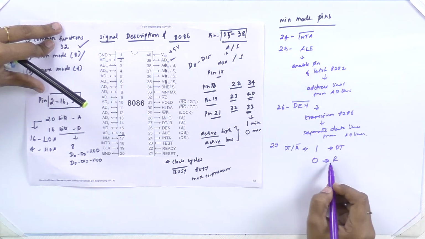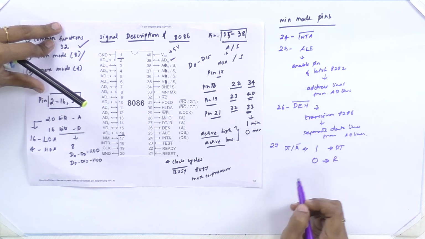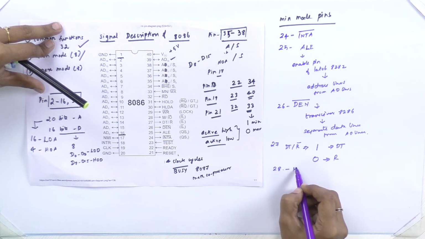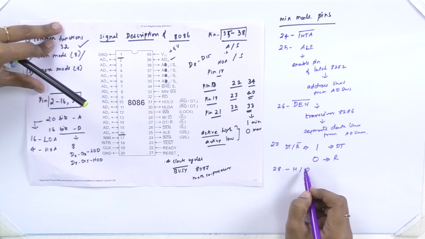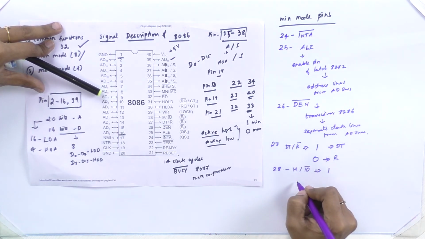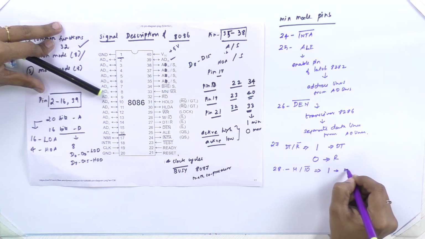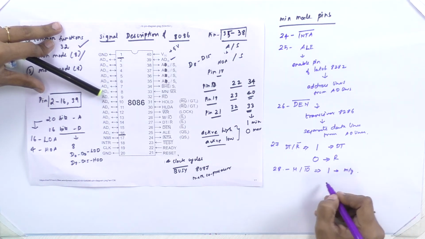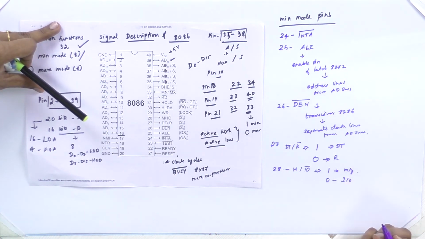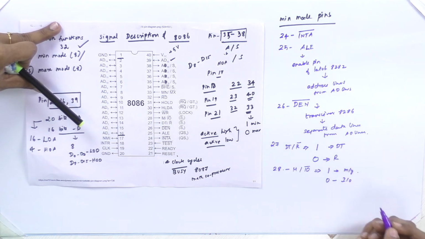Next is the 28th pin, that is the memory bar IO pin. Here, if logic 1 is applied to this pin, then memory is accessed, and if logic 0 is applied to this pin, then IO is accessed.